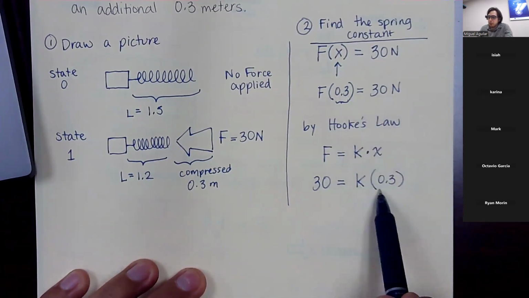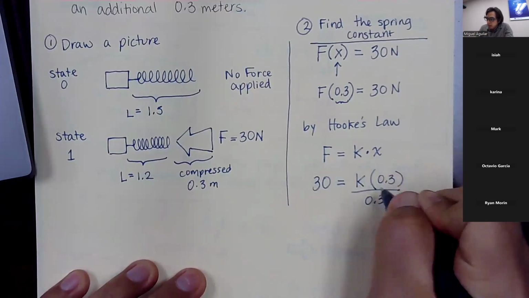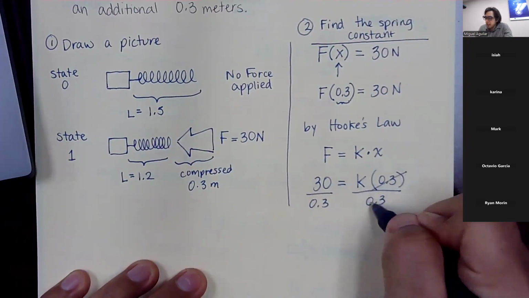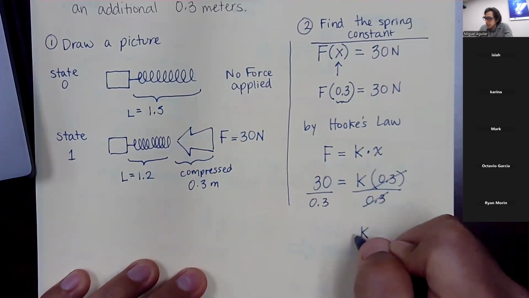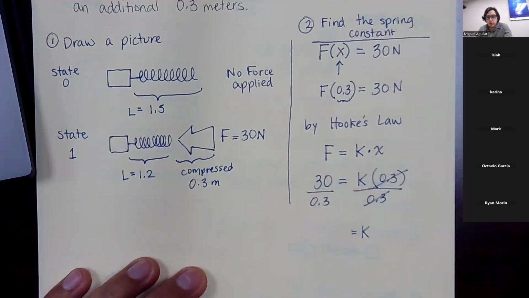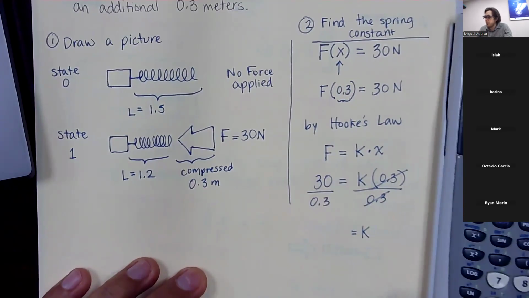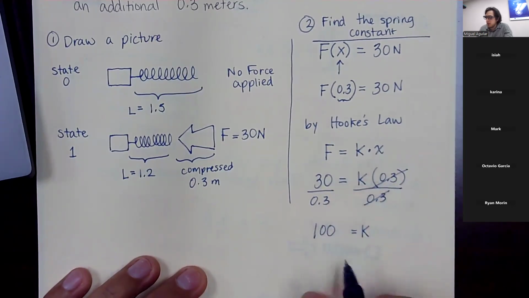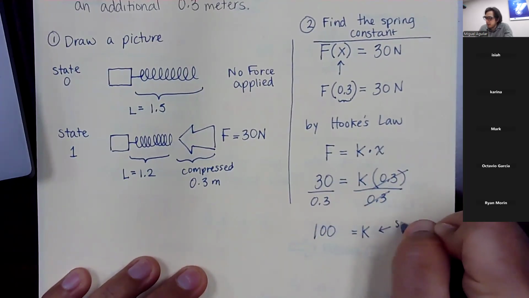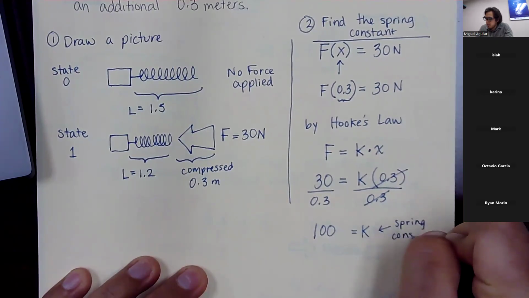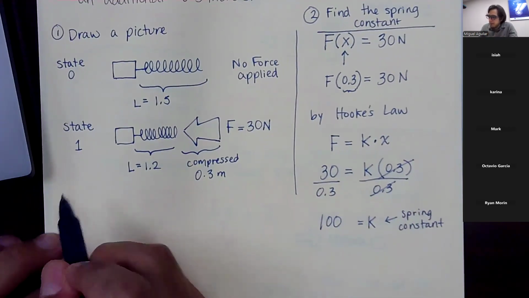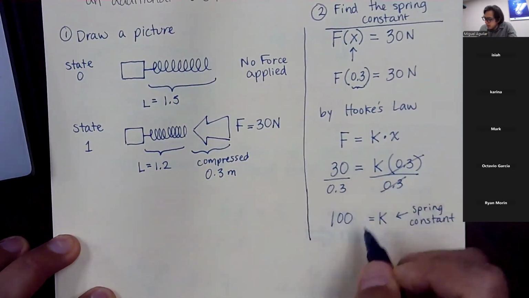But since this is just a simple multiplication relationship, we can solve for k by dividing that 0.3 over to the other side of the equation. So if these cancel out, we'll get k is equal to whatever 30 divided by 0.3 is. Okay. So 30 divided by 0.3 is 100. So that is our spring constant. Kind of some preparation that we have to do here at the beginning. Okay. Any questions about what we've done here so far?